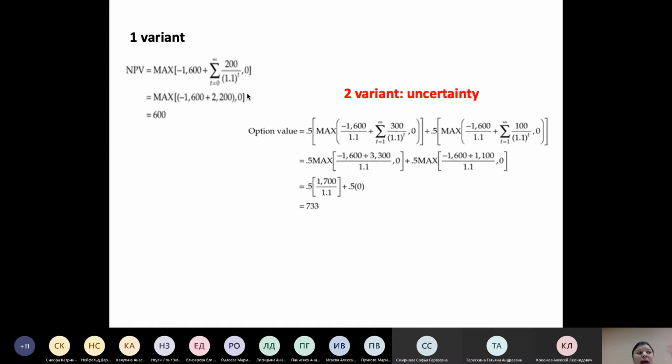First of all, as we invest now, but our benefits will be received by the end of the first year, I'm using the following formula: our expected results, $200 multiplied by 1 plus 1.